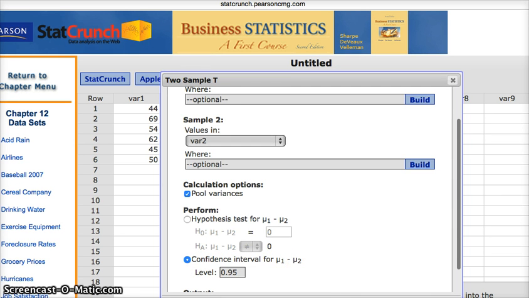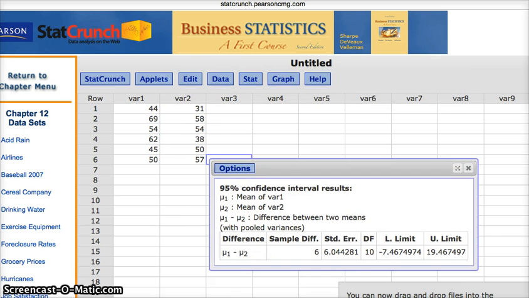We click compute again, and there we have our limits. Our 95% confidence interval has a lower limit of negative 7.47 when we round, and the upper limit is 19.47.